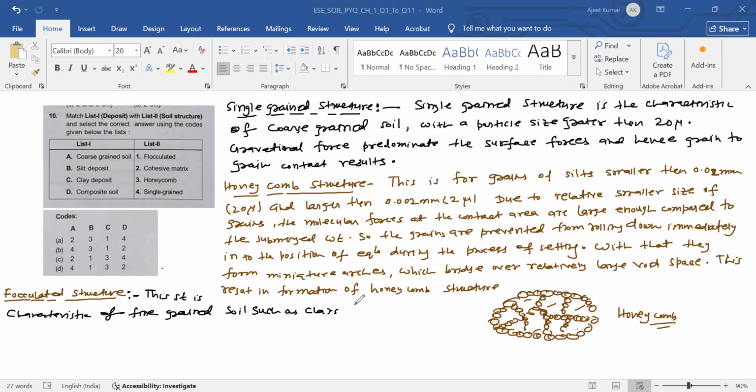Interparticle forces play a predominant role in the deposition.